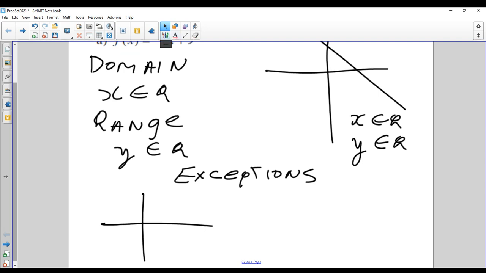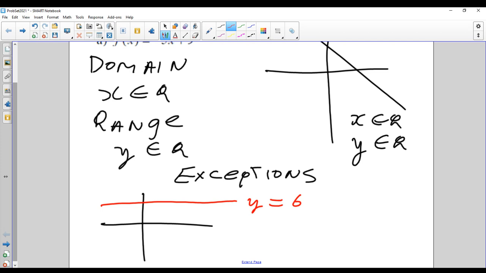I'm going to use a red line to represent my exceptions. Perfectly horizontal line. Right? Let's say this perfectly horizontal line was the line y equals 6. Horizontal lines have equations that look like that. So all the y's along here are y equals 6. What is the domain and range of this?